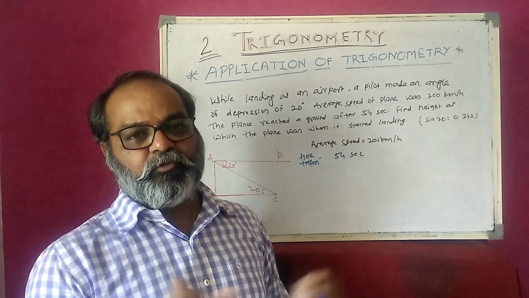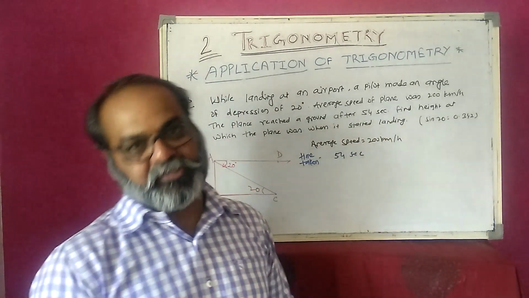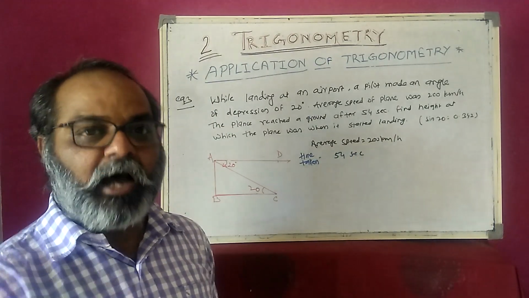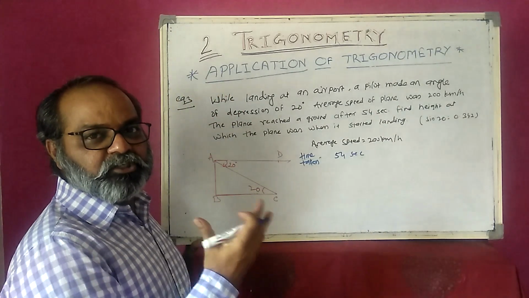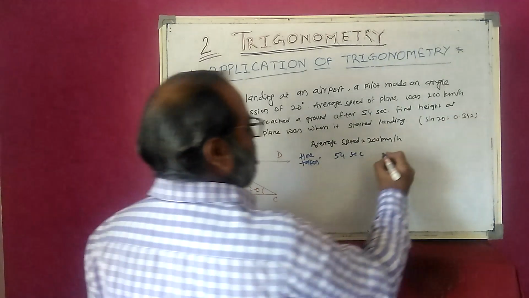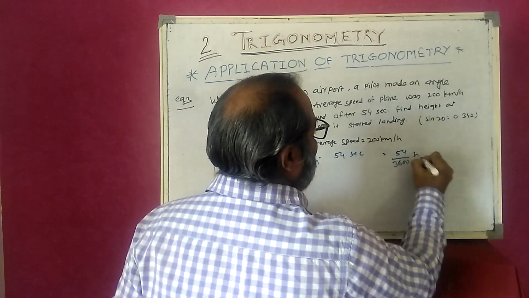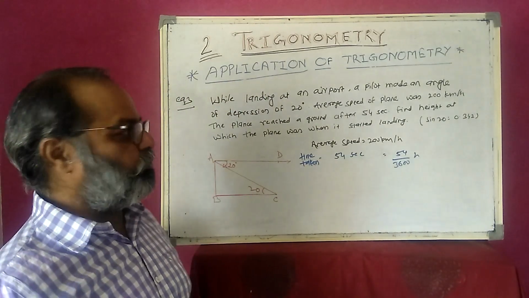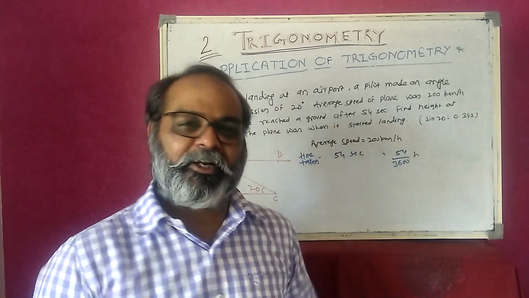In mathematics, when you solve a problem, all quantities must be in the same unit. So I convert 54 seconds to hours. We know 1 minute is 60 seconds, so 60 minutes is 60 into 60, that is 3600. So it takes 54 by 3600 hour, or you could convert kilometer per hour to meter per second.